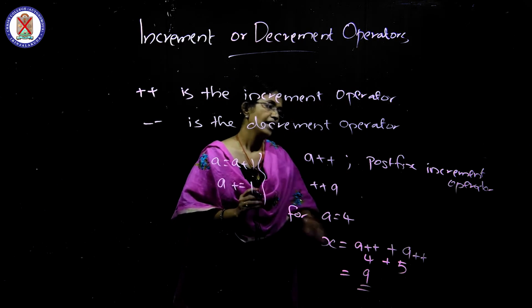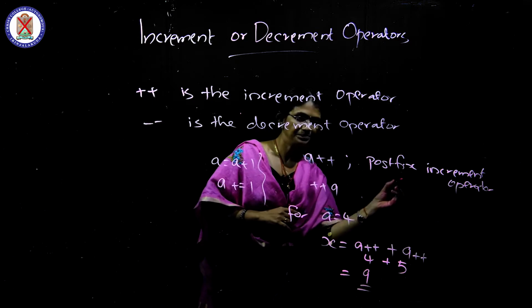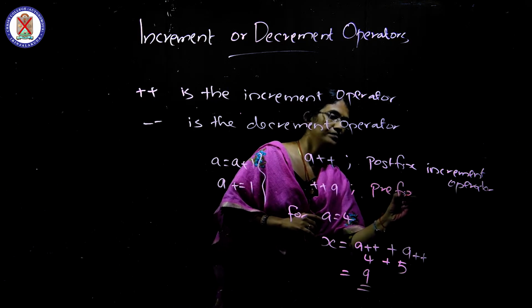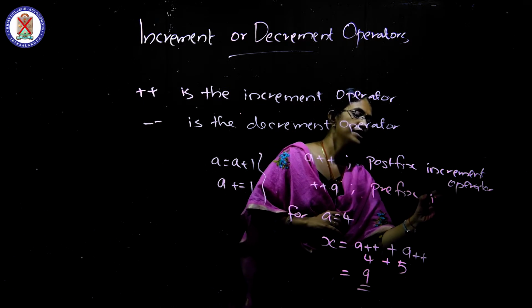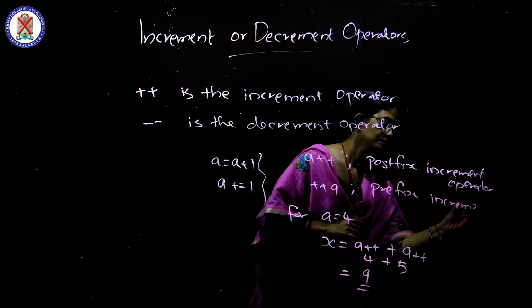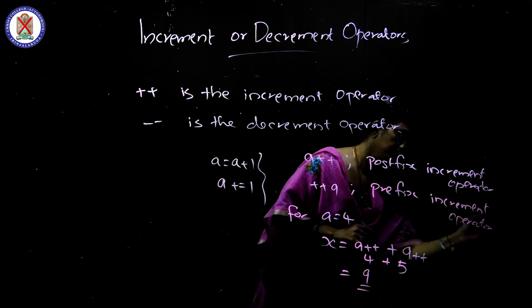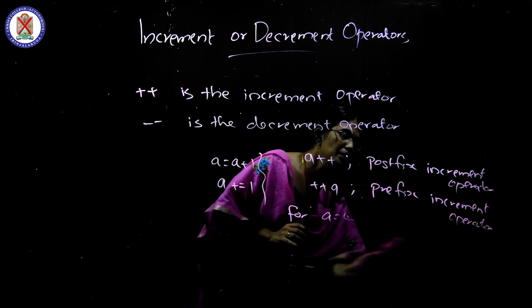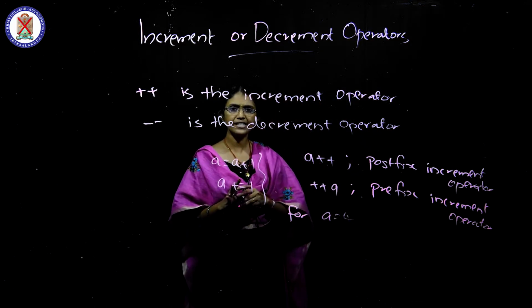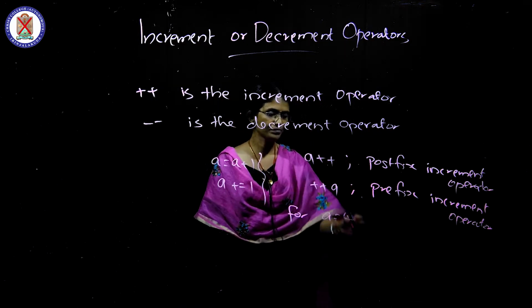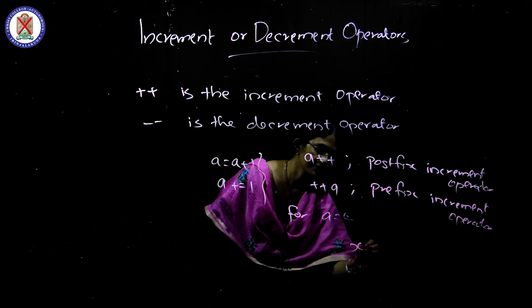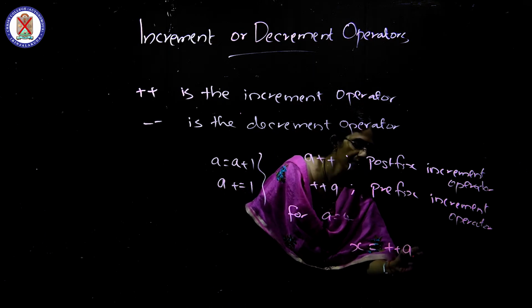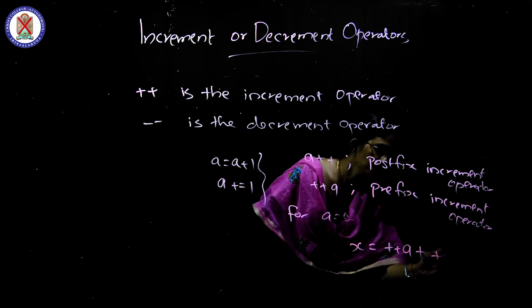And in the case of the prefix increment operator, the case is different. It is like that. For example, x equals plus plus a plus plus plus a.